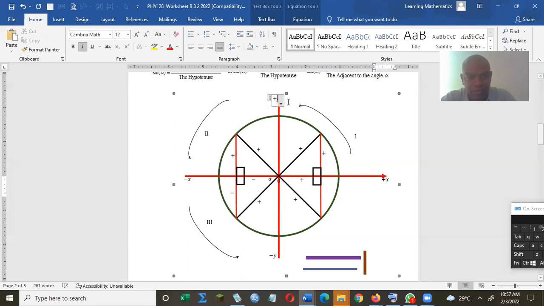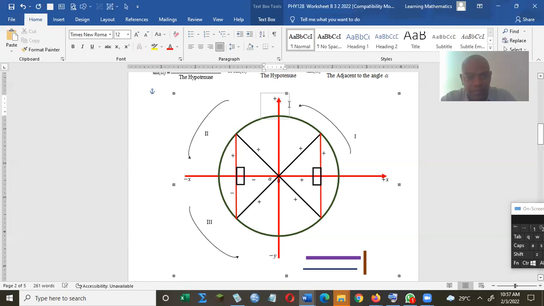So this is why the side that is opposite to alpha in the third quadrant is negative.